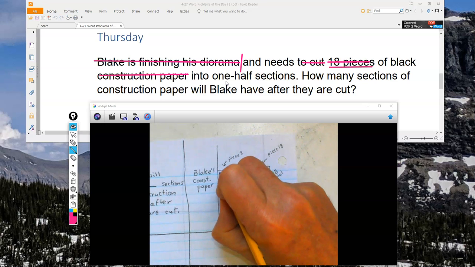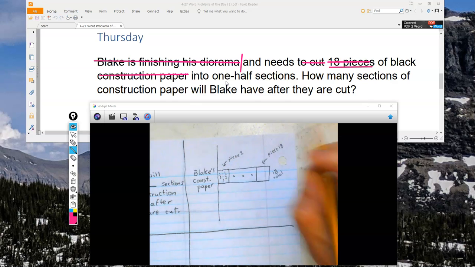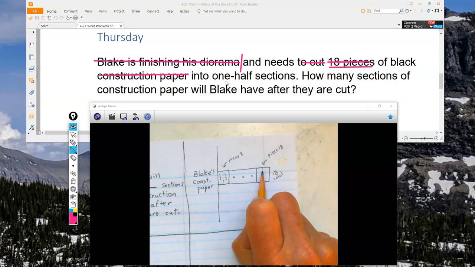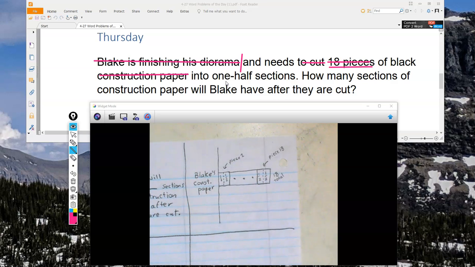This is 1/2 of a piece, this is 1/2 of a piece, and over here on 18, it's also 1/2 of a piece and 1/2 of a piece. Okay, I've got them all cut into 1/2 sections.